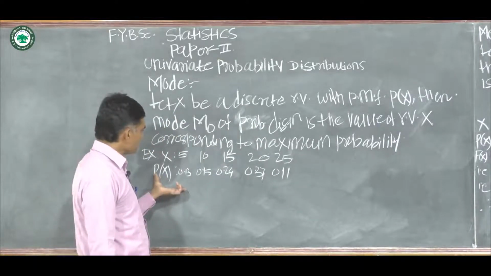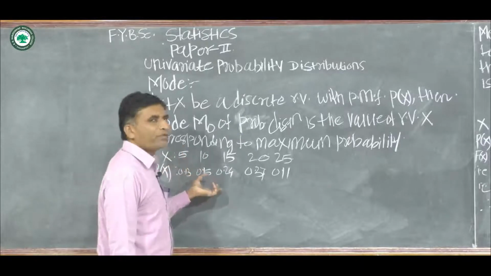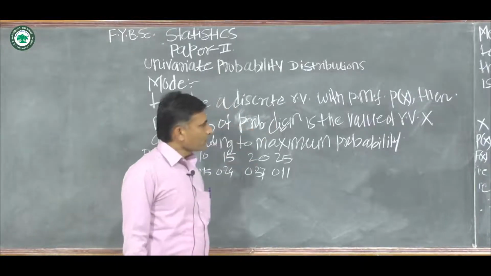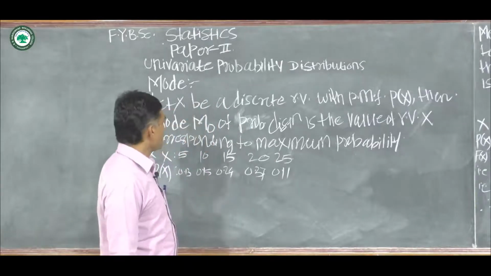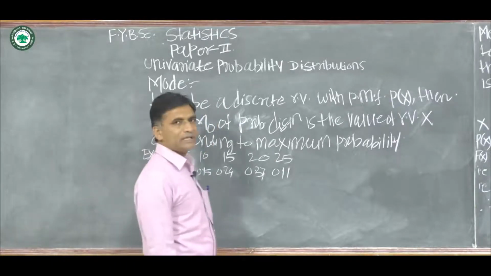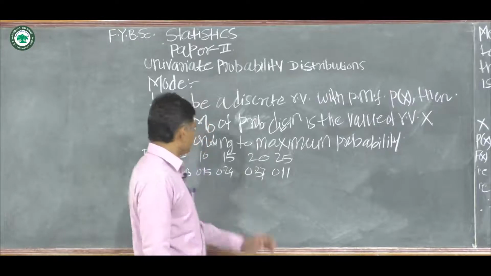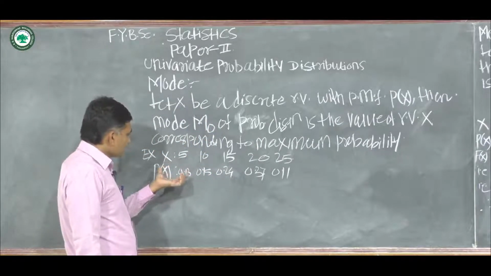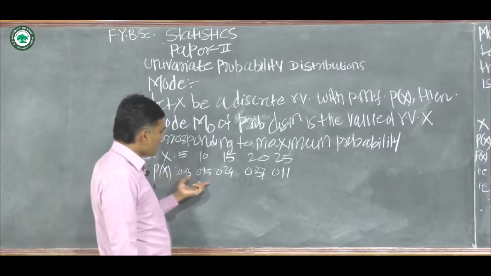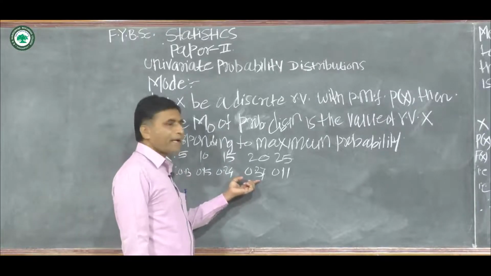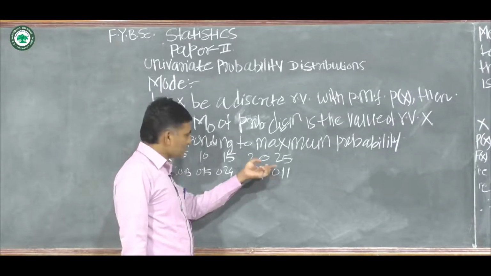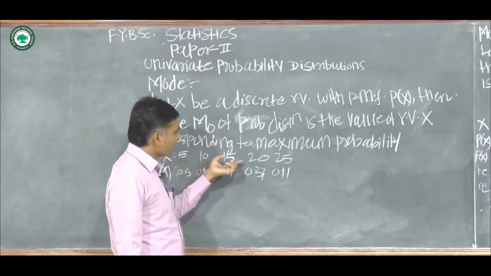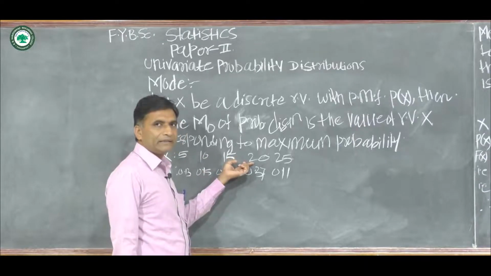For this probability distribution, we have to find the value of the mode. By definition, the mode is the value of the random variable corresponding to the maximum probability. Here the maximum probability is 0.37, and it corresponds to the value of the random variable equal to 20.